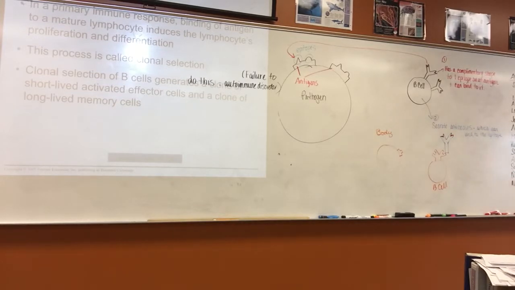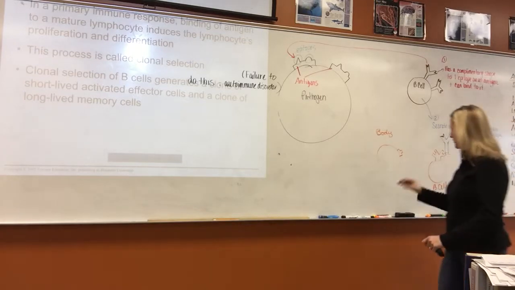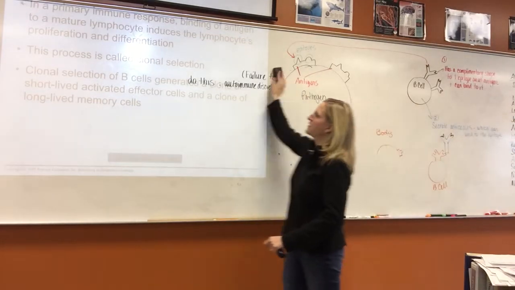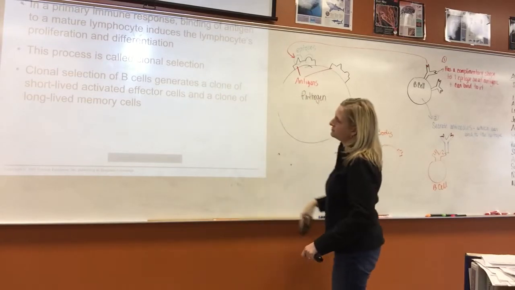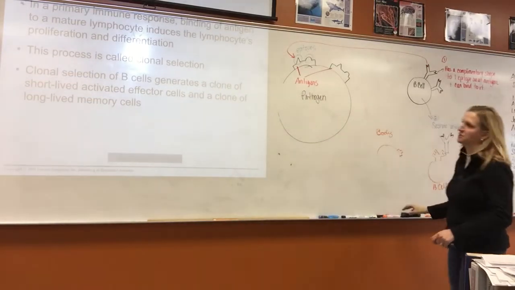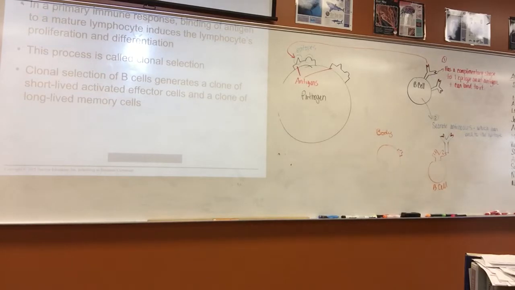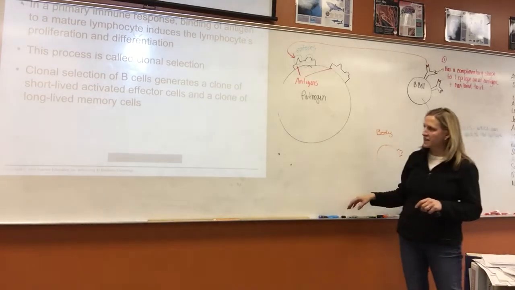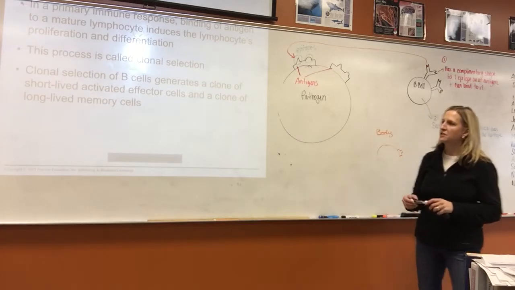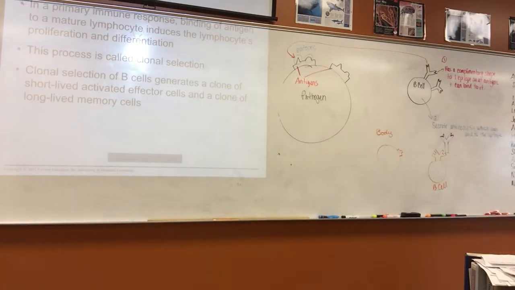In a primary immune response, binding of an antigen to a mature lymphocyte induces the lymphocyte's proliferation and differentiation. This is called clonal selection. Clonal selection of B cells generates a clone of short-lived activated effector cells and a clone of long-lived memory cells.